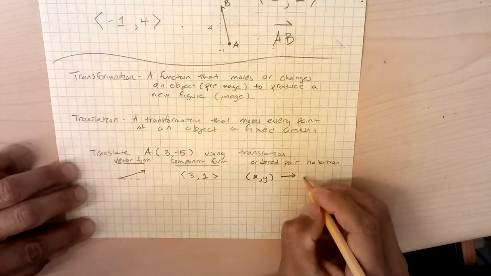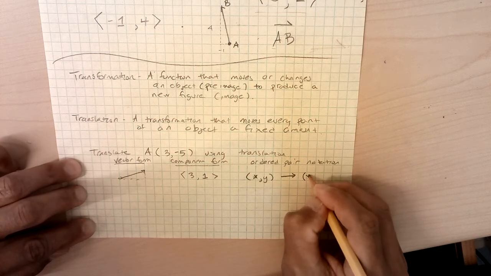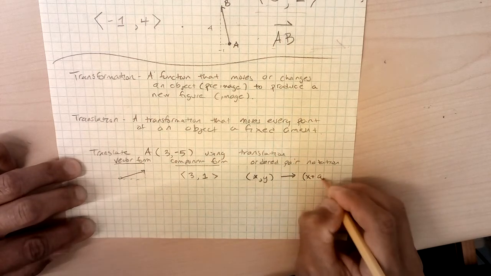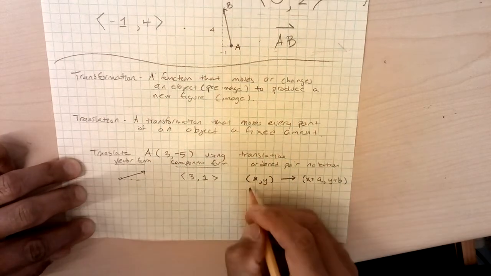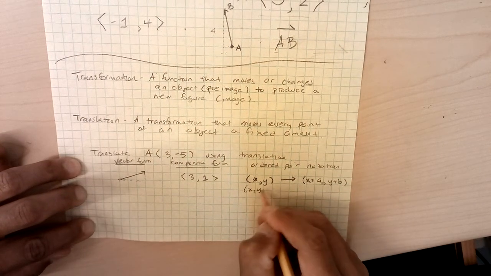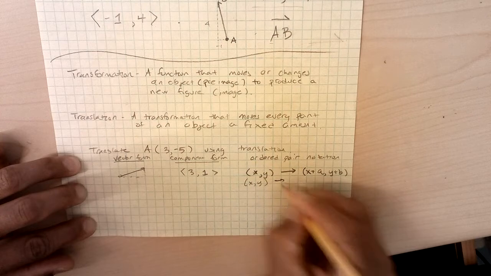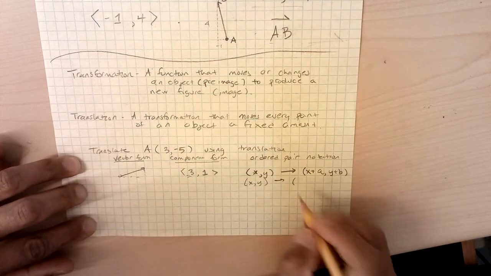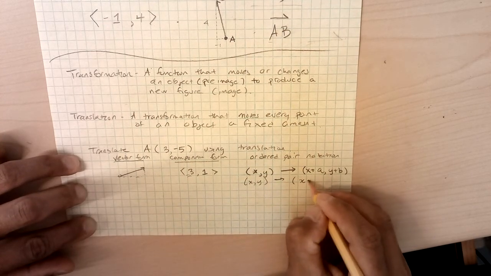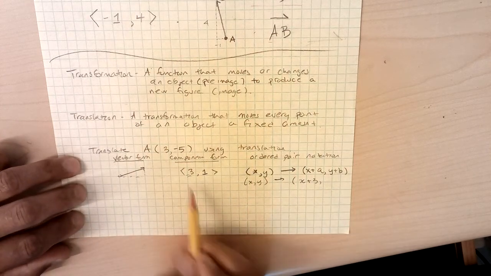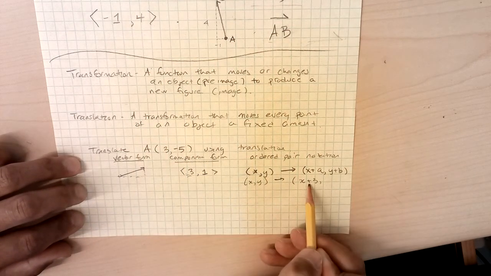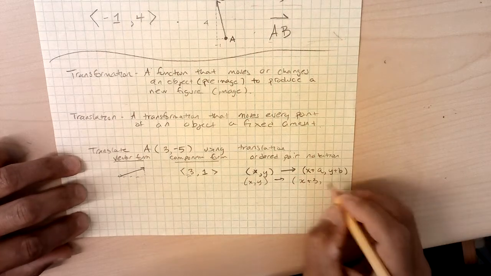So there's an arrow there to (x + a, y + b). In this case, you start with your point (x, y), and the horizontal component is x plus 3. If I went 3 to the left, this would be -3, and then this would be x minus 3, x plus -3, same thing.